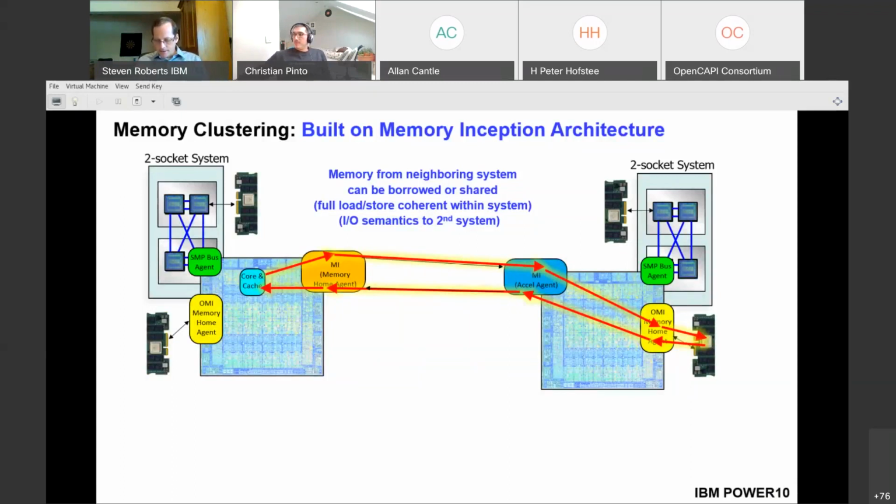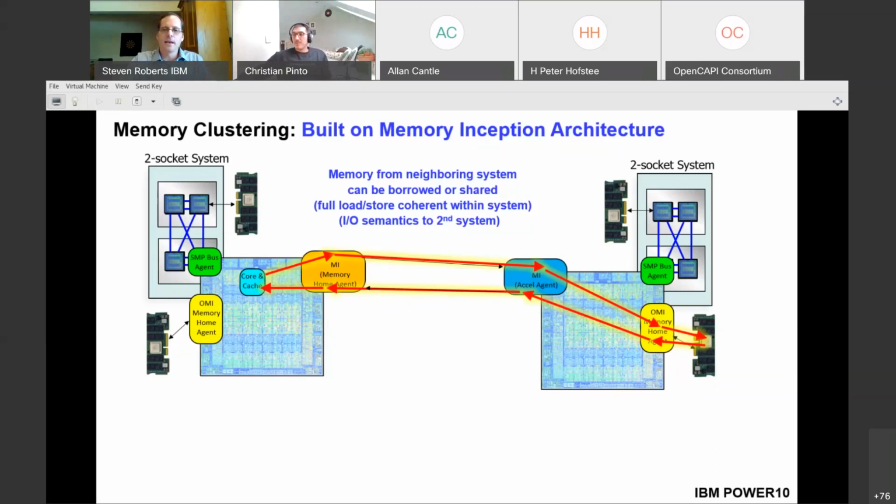And as a result, we're able to do load store accesses as if those accesses are local to the borrower domain. So on the left-hand side, the borrower is able to have a consistent cache hierarchy, a consistent memory view, within that domain.